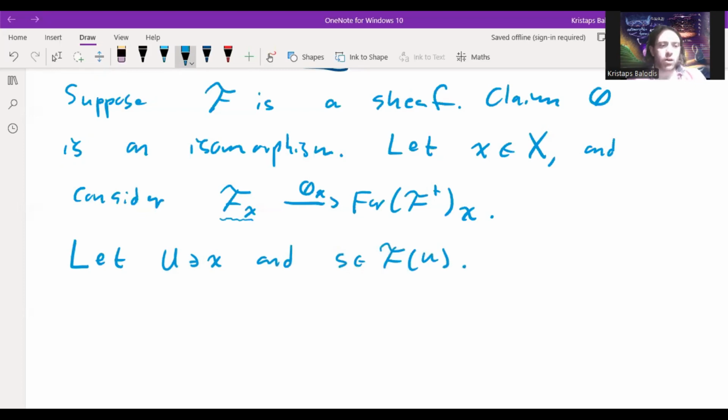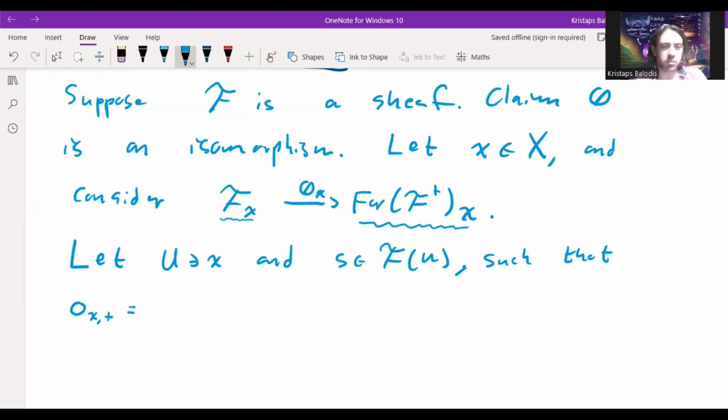Okay, such that we get the zero. I'm going to call this, I don't know, x plus. By that, I mean the zero element in the stalk of the forgetful functor applied to F plus.